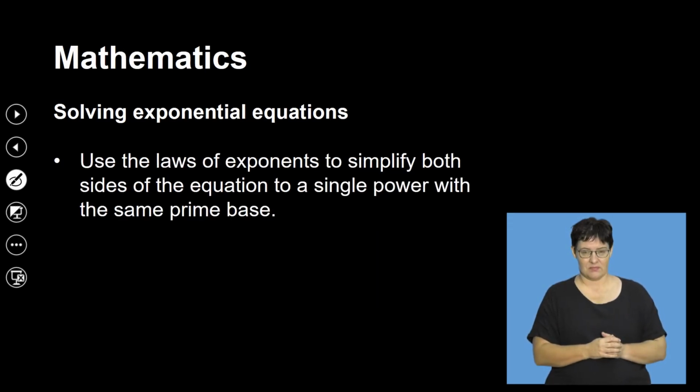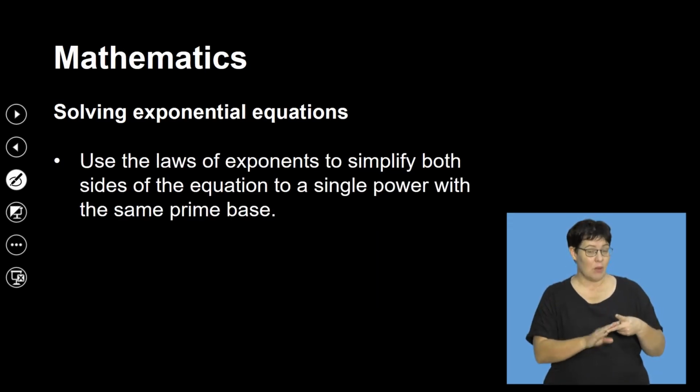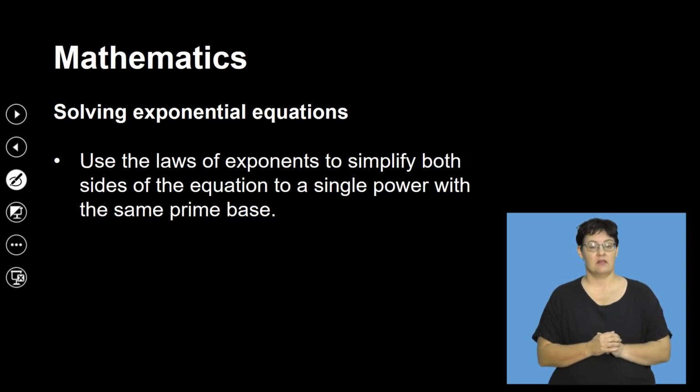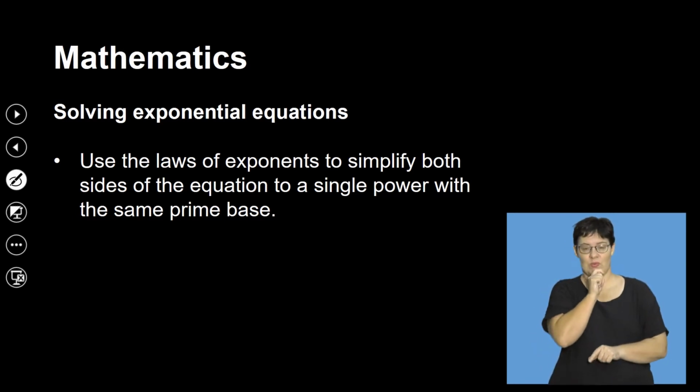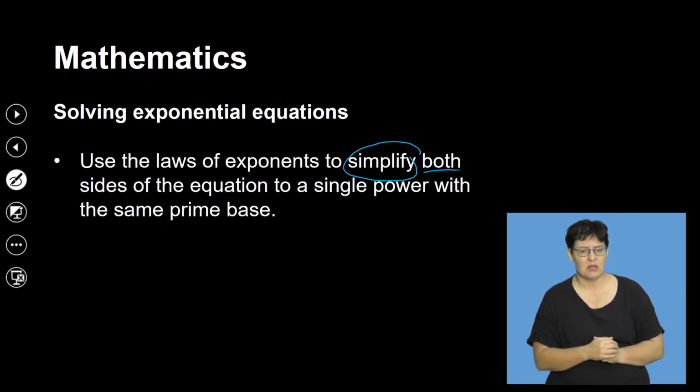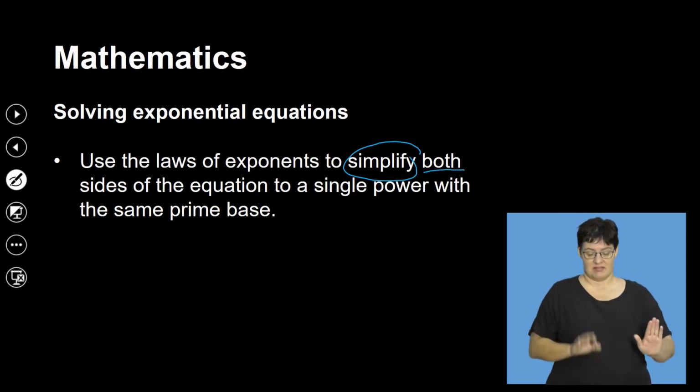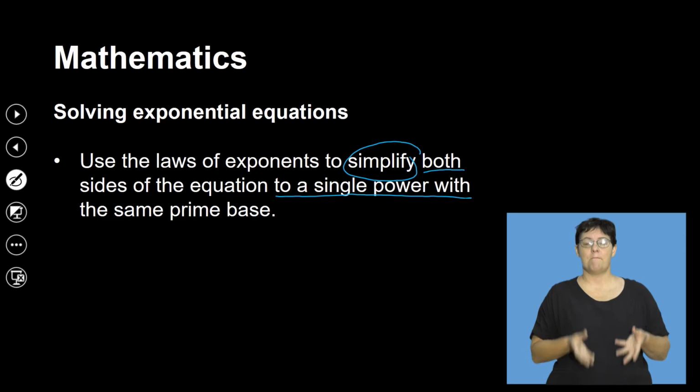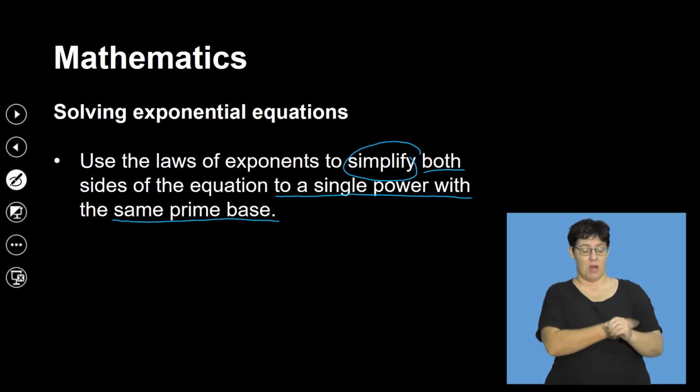And then the second thing that you need to make sure you do here will therefore be to use the laws of exponents to do what? To simplify both sides of the equation to a single power with the same prime base.